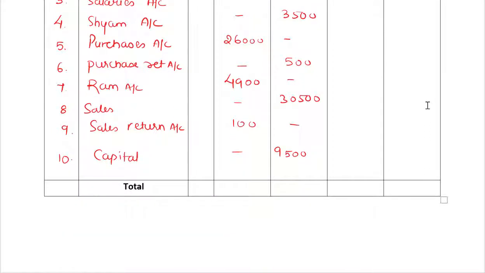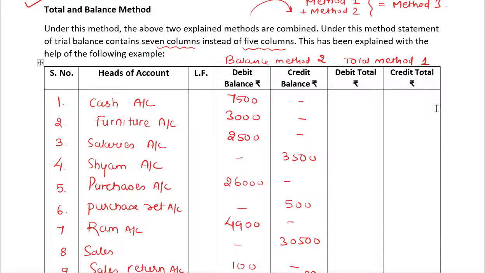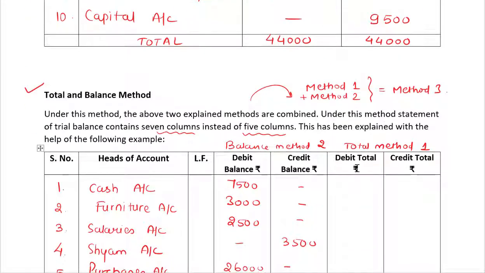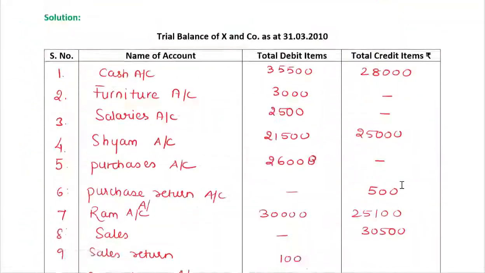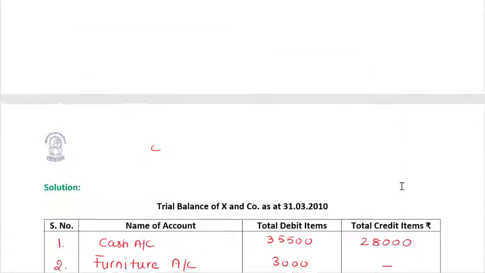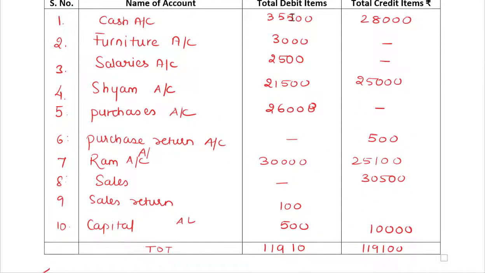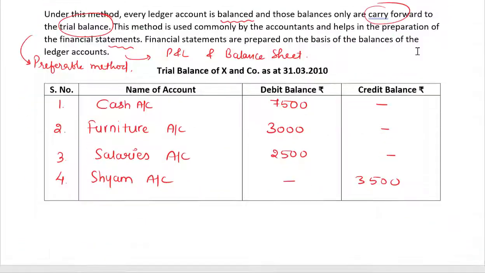Students will make the total, it would be the same, 44,000, 44,000. On the same line of action, just try to make the debit total and credit total over here. 35,500, 28,000.